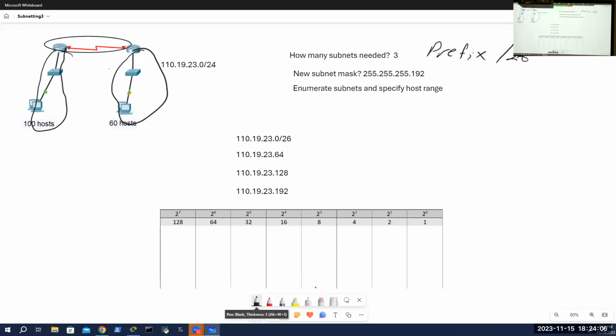This is where you start just looking at the prefix. What prefix gives us enough host bits to accommodate 100 hosts? You can go up one. 27 would reduce our host bits down to 5. So no, we need one more. Right now, we have 6 host bits with a 26 prefix. We need 7 bits. So what prefix value would allow us to have 7 bits?